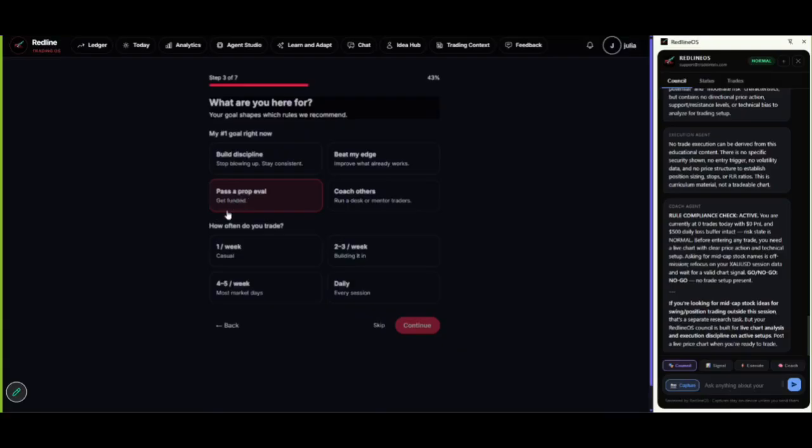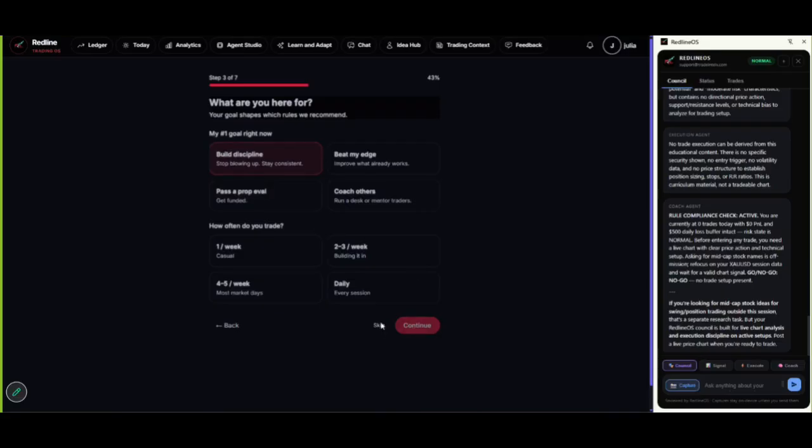A proprietary firm is where you pay a company, for example $200, $500, and they give you a $50,000 account. But that's not real money, right? You're trading fake money, but the profit you make from that account, you actually get in real life. That's why I had this passive prop eval over here.